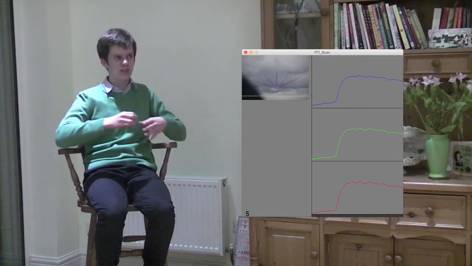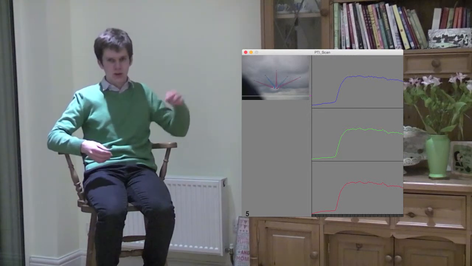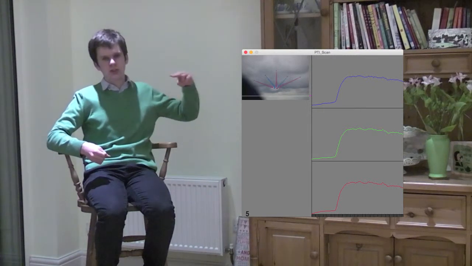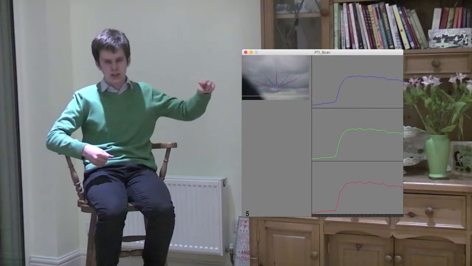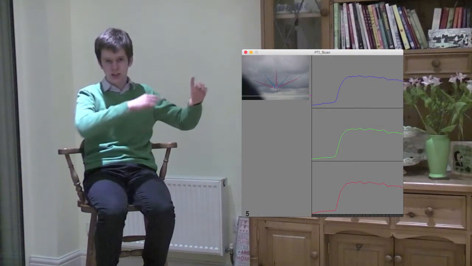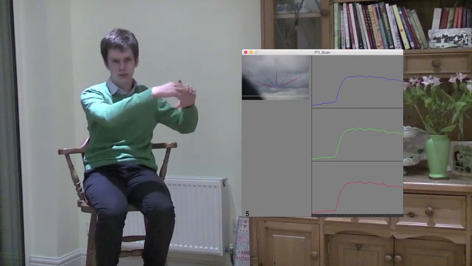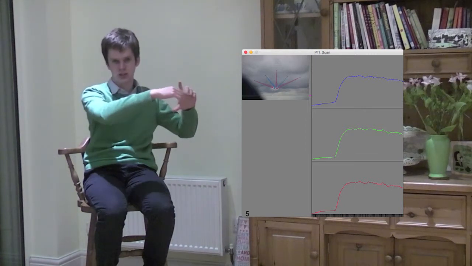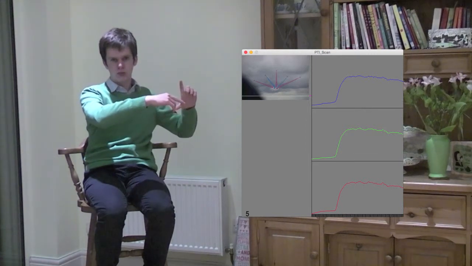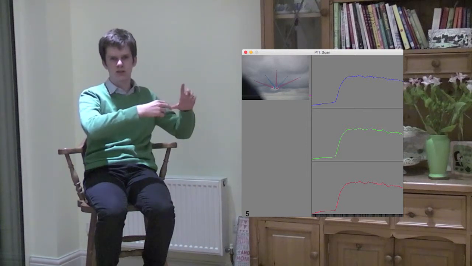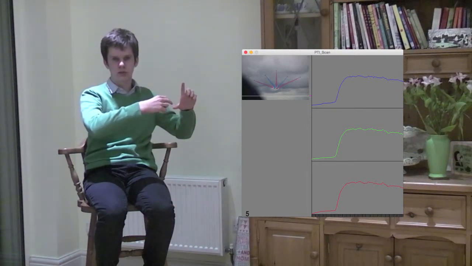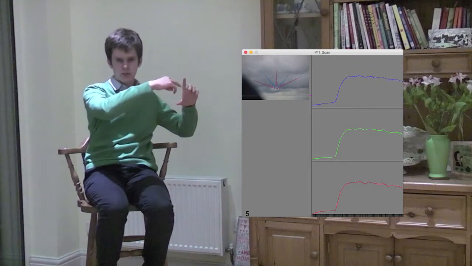So if we look at the example image, we've got a lot of blue in the blue channel, because the sky for most of that top line of the image is just blue, it's sky. Or, well, it might be grey if you're in England, but let's say it's blue.